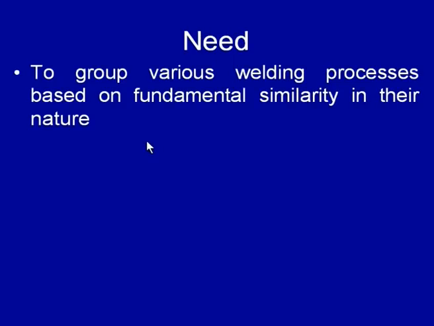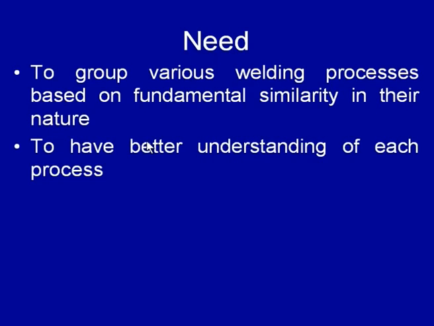So, there are certain basic features, basic mechanisms through which the weld joint is developed, so if we group the various processes by the way the weld joint is made, it can help us understand the welding processes in a better way.